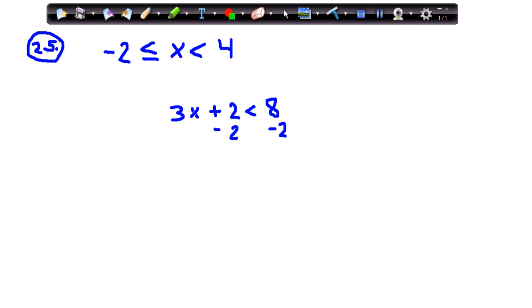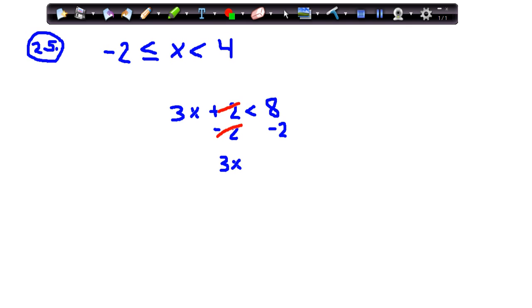Okay, so when we subtract it over here, then this is gone, and this is gone, and it leaves what? 3x. This is how they got this in the book. 3x over here. And of course, 8 minus 2 will leave a positive 6, right?